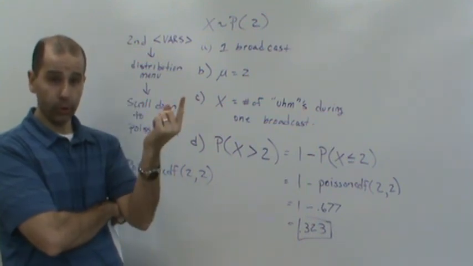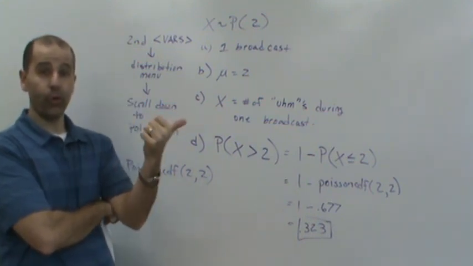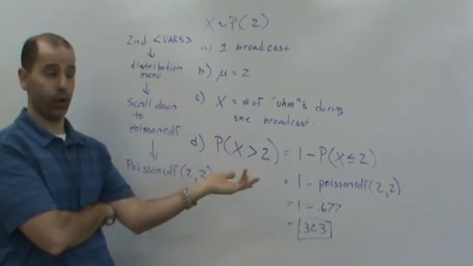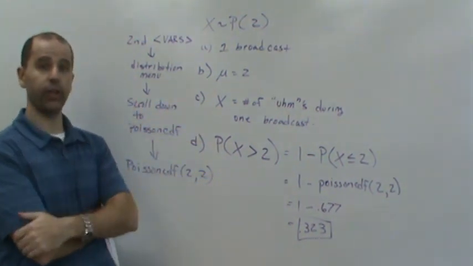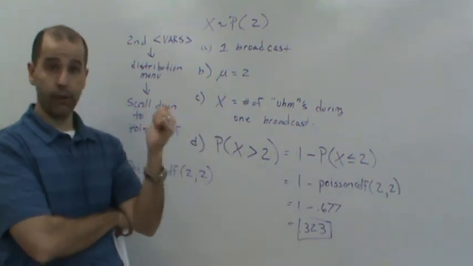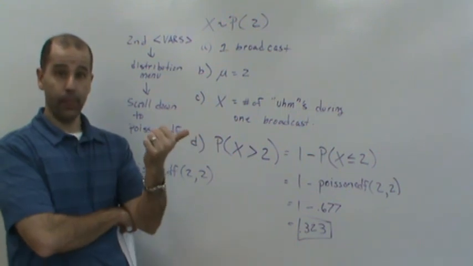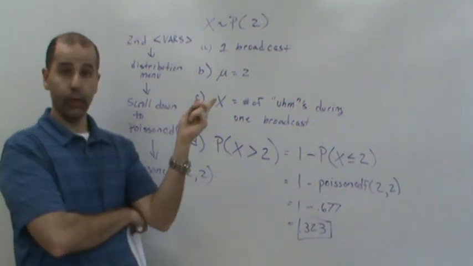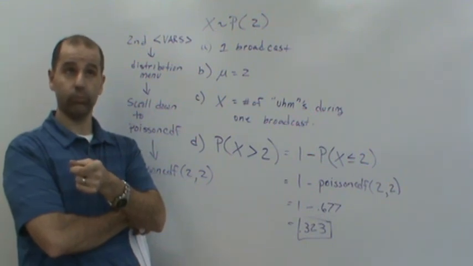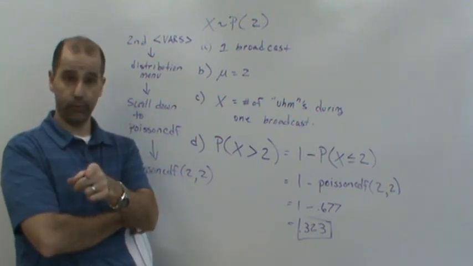Once you know mu, and you know that X is the Poisson random variable, then you just apply the formula or use the function in your calculator to calculate probabilities. Remember the formulas for finding the average, mu, right? So once you know mu, then you also know what the variance is, okay?